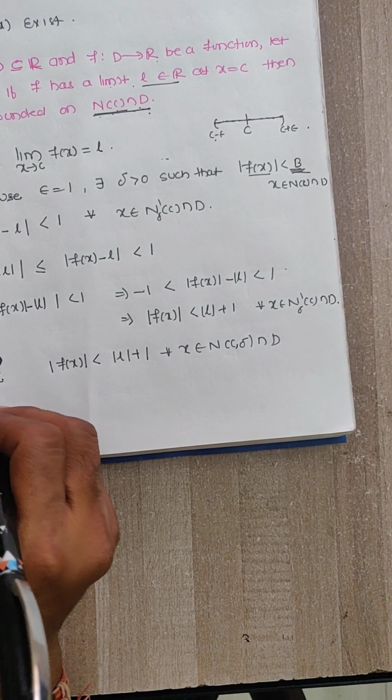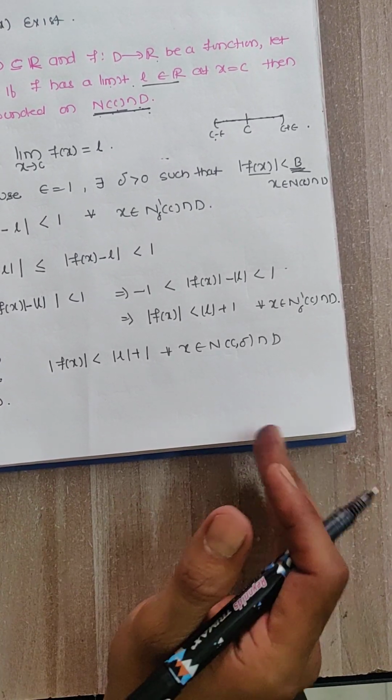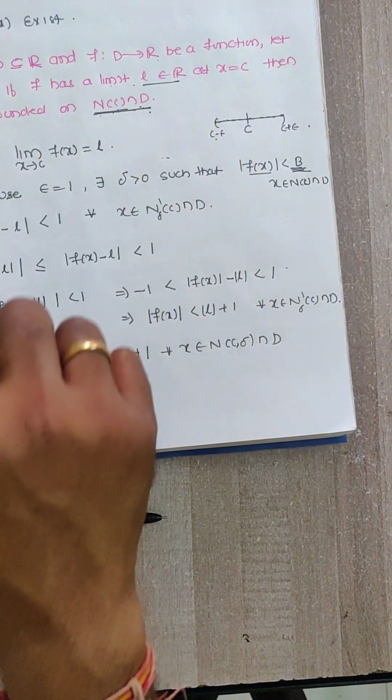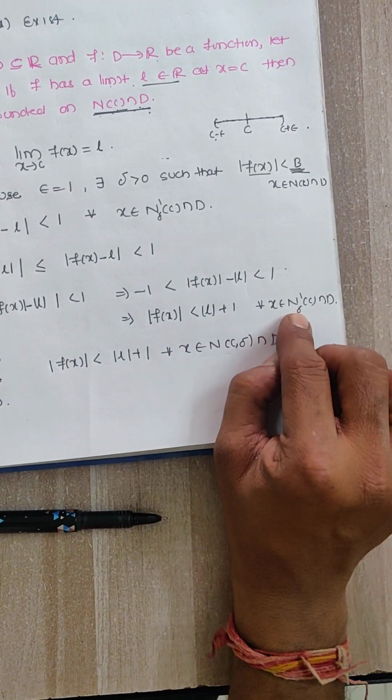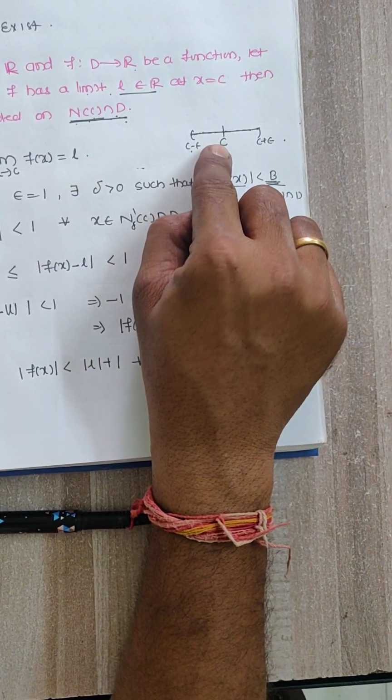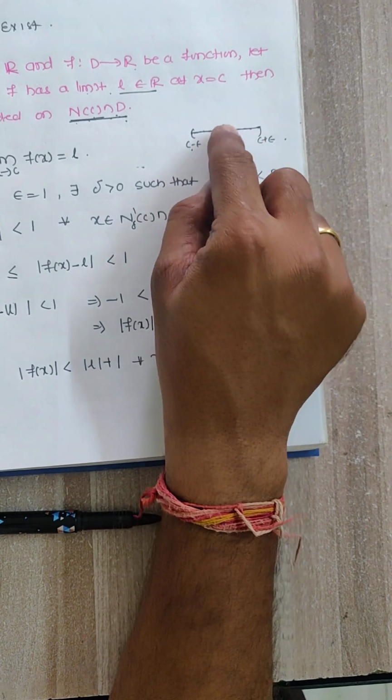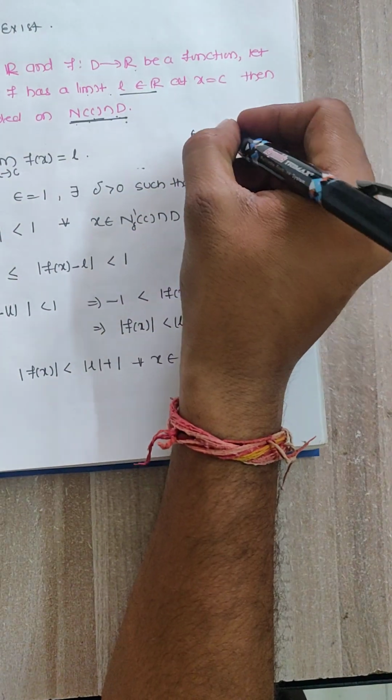If C belongs to D, domain, then this statement is true for every point of the neighborhood of C intersection with D, and C is deleted here.